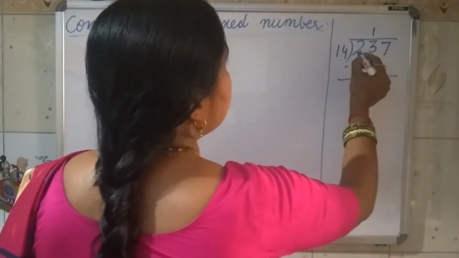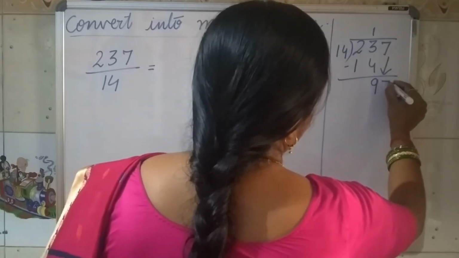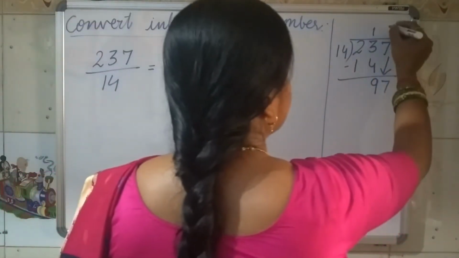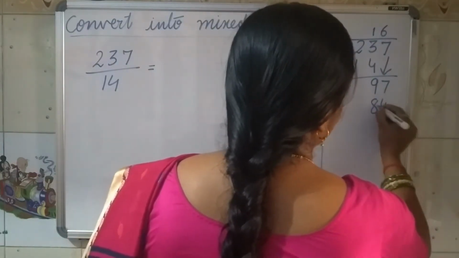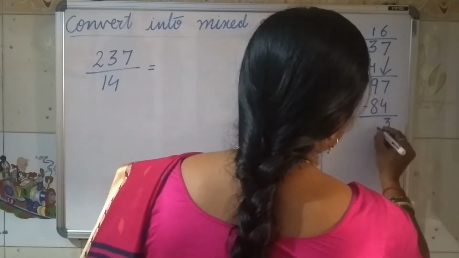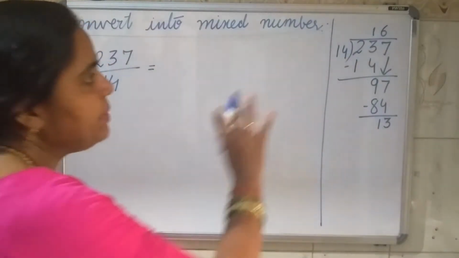This is 9, and then this 7 will come down. Fourteen 6 are 84. Minus, this 7 minus 4 is 3, and this 9 minus 8 is 1. Okay, so this is the calculation I have divided.